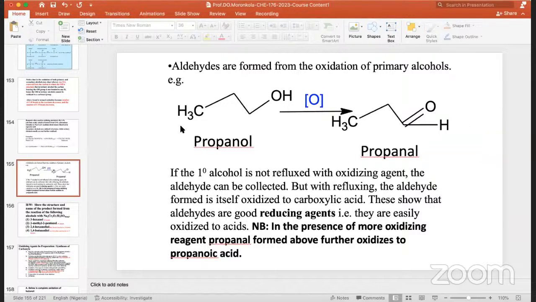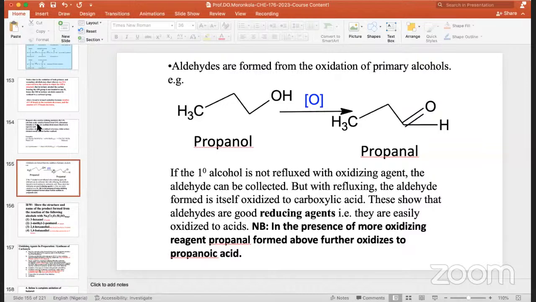May I quickly say that for any primary alcohol, if you don't reflux in the presence of the oxidizing agents, aldehyde may be collected, but in the presence of refluxing, the aldehyde that is formed will further oxidize to the carboxylic acids.